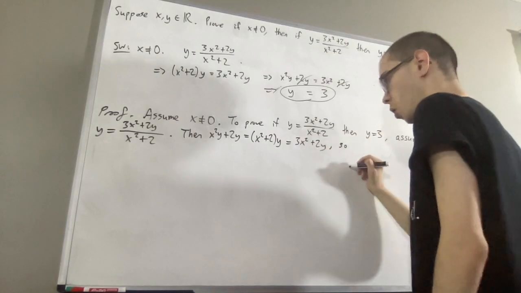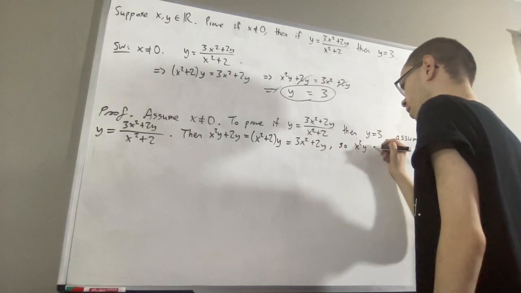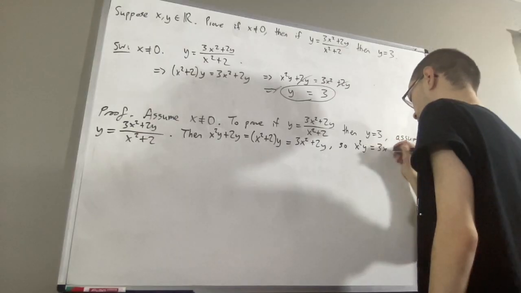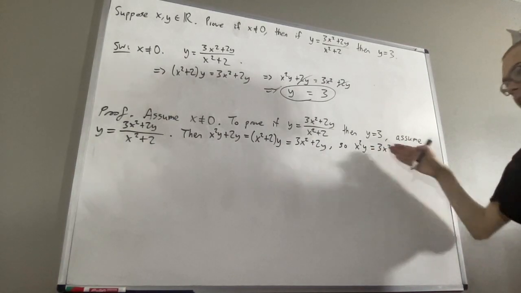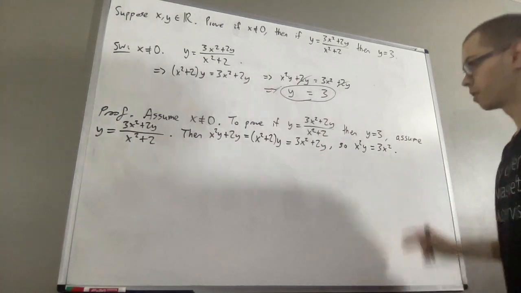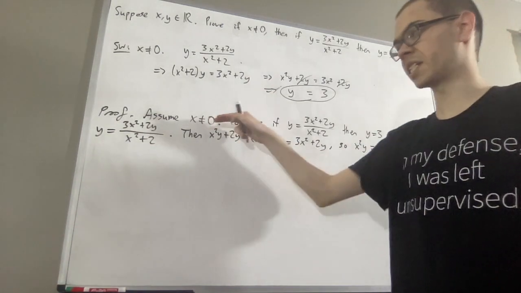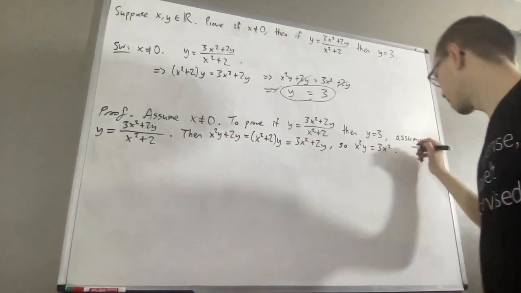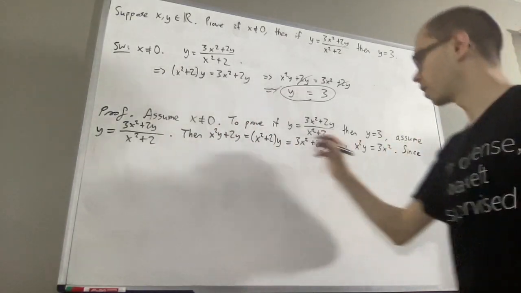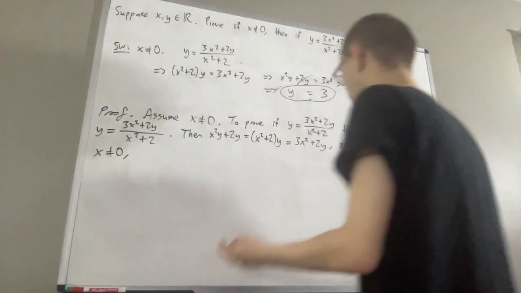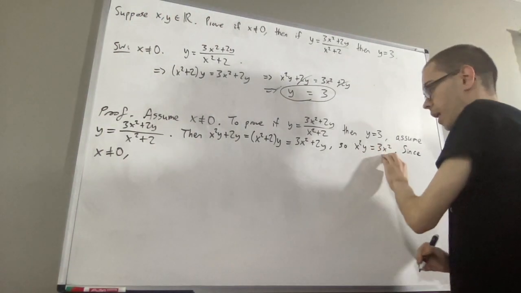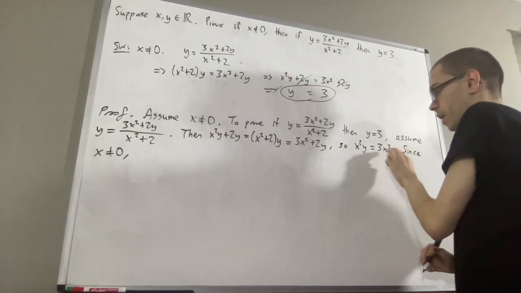So I'm going to write, so x squared y equals 3x squared. Now at this step, we divide the x squared on both sides. And I'm going to say that we can do that because x is not equal to 0. So I'm going to say since x is not equal to 0, we can cancel the x squared to obtain y equals 3.